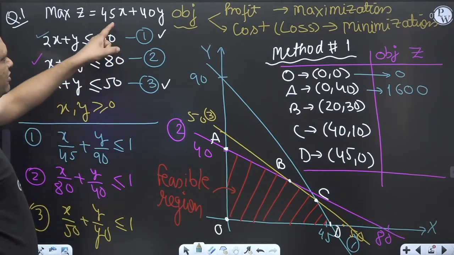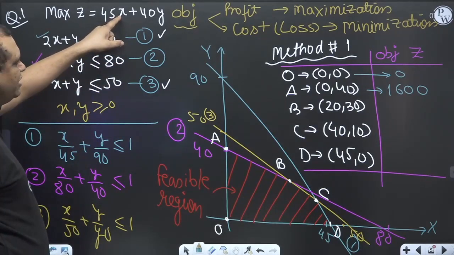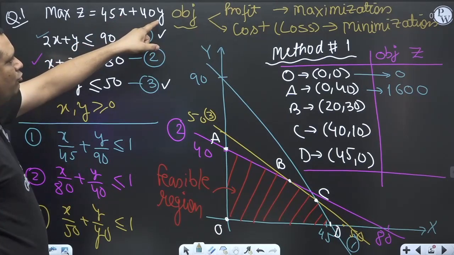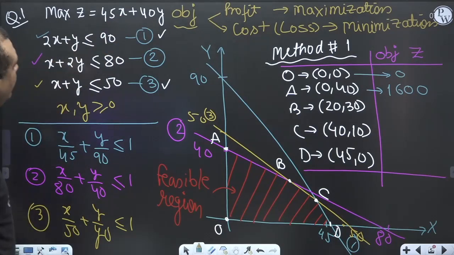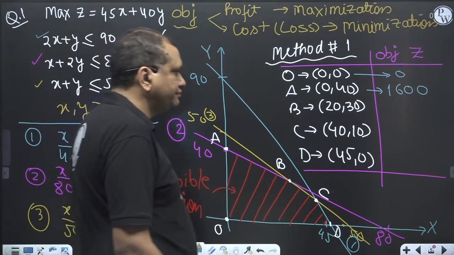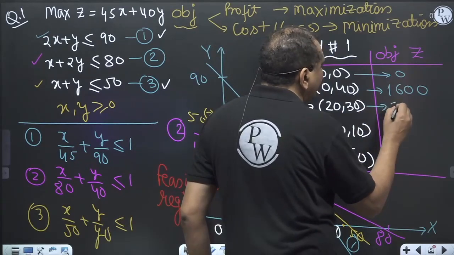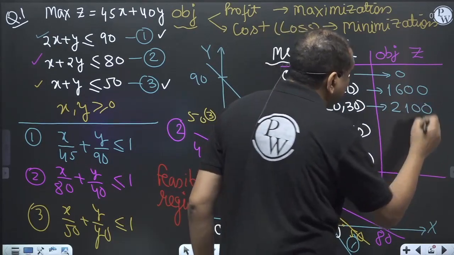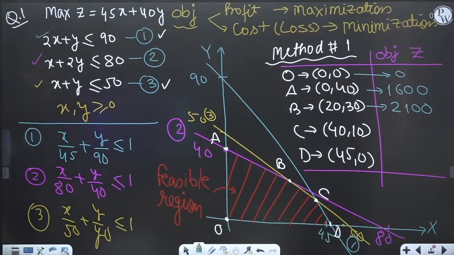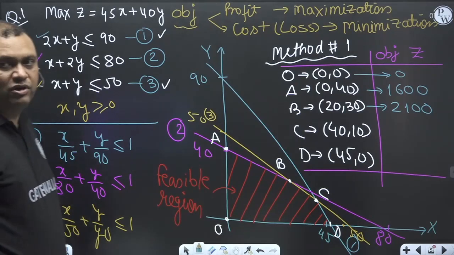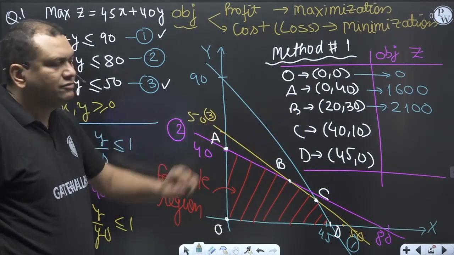Put the value (20, 30). X is equal to 20, Y is equal to 30, and find out the value of the objective function. It will come out to be 2100. Put the value of C, (40, 10).